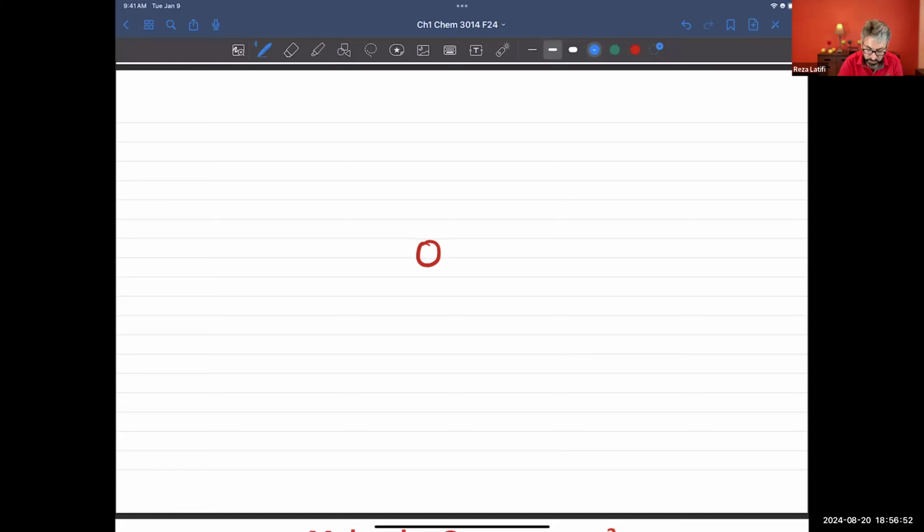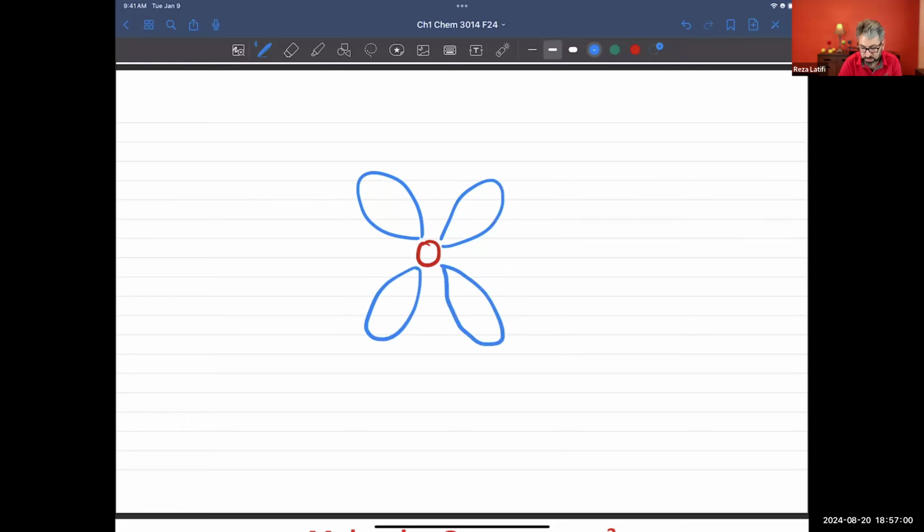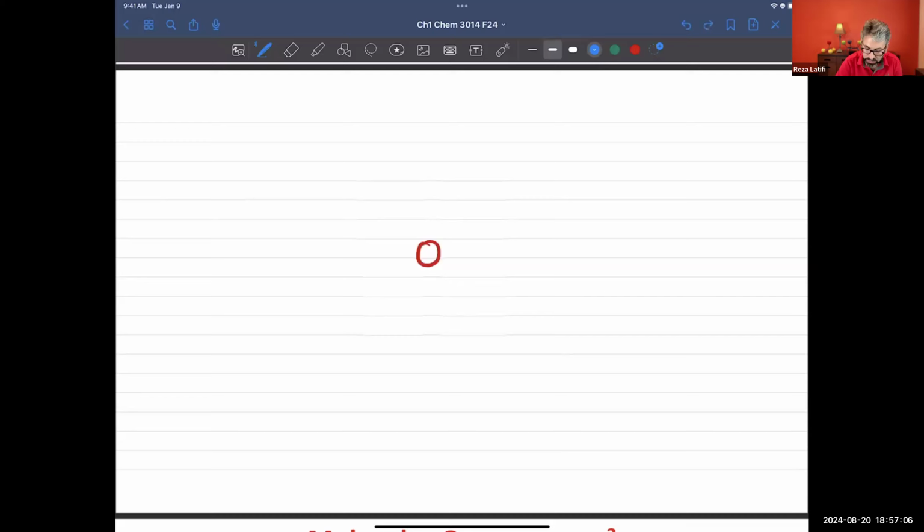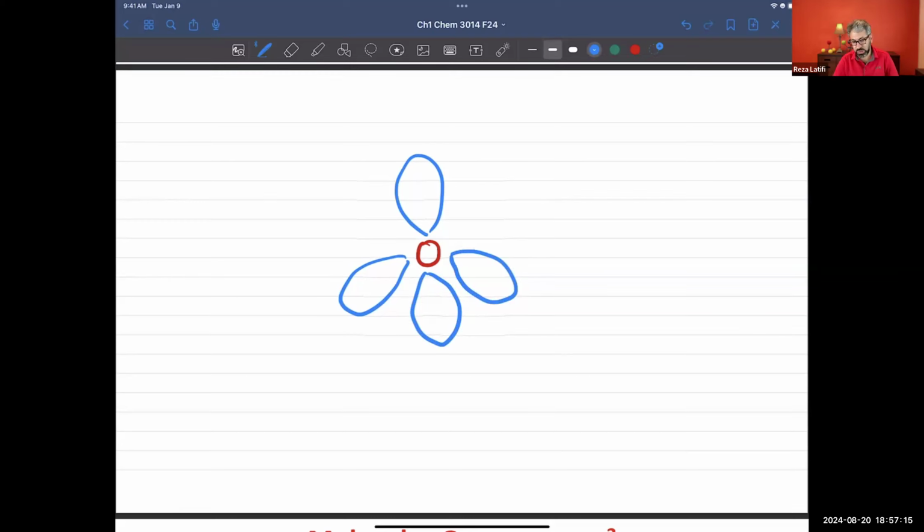Okay, 4 orbitals. So here you go. I go 1 orbital here. That's the second orbital. Let's put 1 here, 4th there. Or you can just simply say 1 orbital there, 2. That's going to be 3, and this one will be the 4th one.